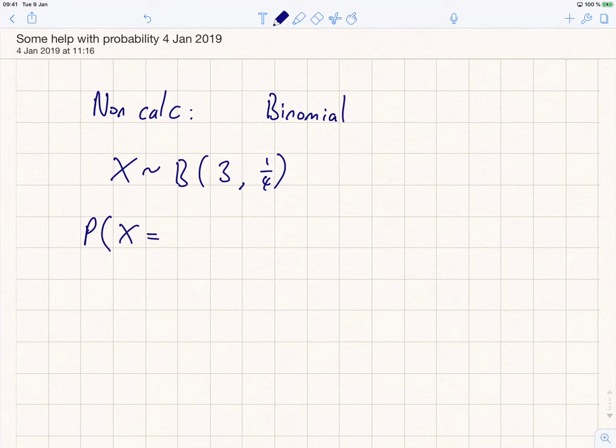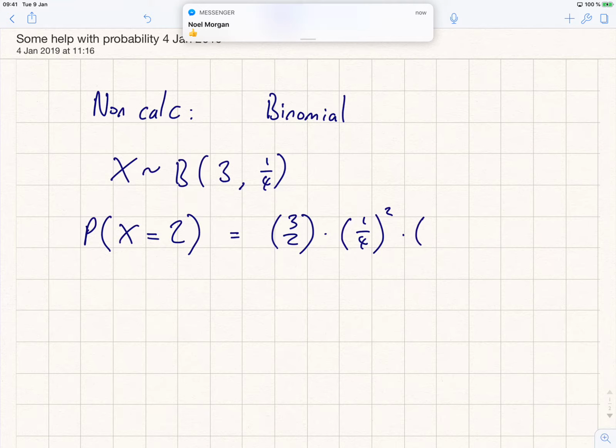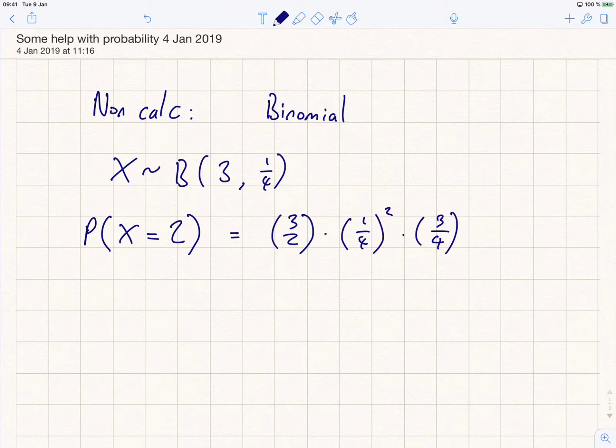But if I was to ask for, say, 2 wins, that would be 3 choose 2 times the probability of success to the power of how many times I want it. And then remember, this is Q, which is always 1 minus a quarter.